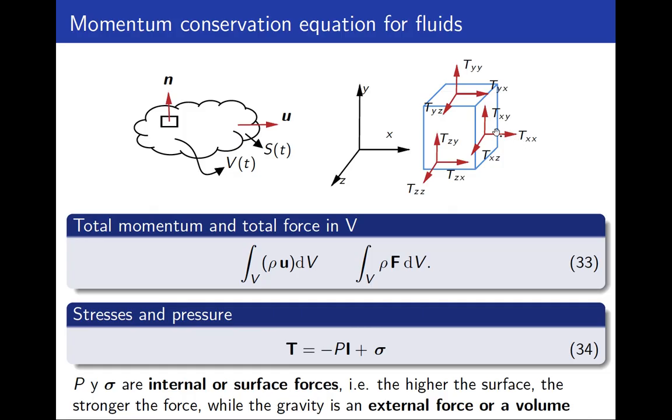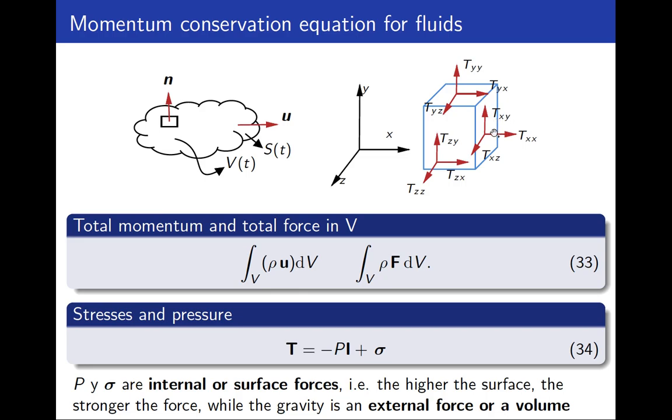So here we are applying a force in this x direction, so we have x, and we are applying this force over this area where the normal is pointing out in this direction. So we have the stress txx and txy.